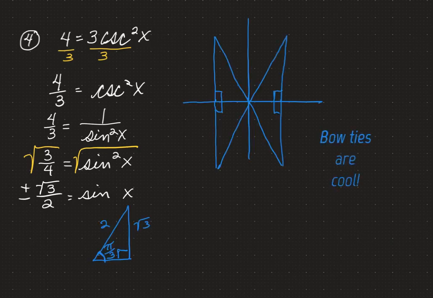So since we must consider both negative values for the sine of x and positive values for the sine of x, solutions exist in all 4 quadrants, where sine is positive and where sine is negative. The reference triangle, which we're looking at, has a larger angle of pi/3. So in the first quadrant, our standard angle is pi/3.